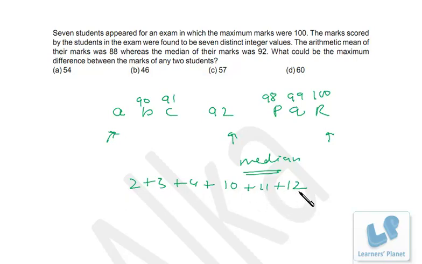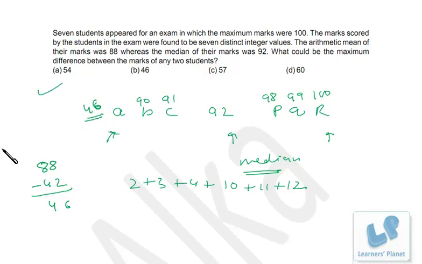So 42 is how far we are moving ahead of the average. So if the average is 88 and we are moving ahead by 42, then 8 minus 2 is 6, 8 minus 4 is 4. So the value of A can be 46, because we have to maintain the average, right? Now if the value of A is 46 and the value of R is 100, the difference between these two is 54, right?